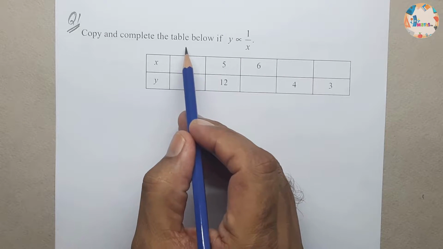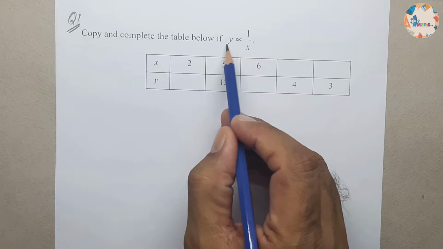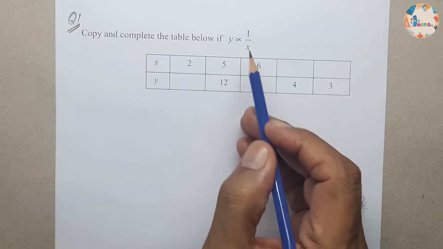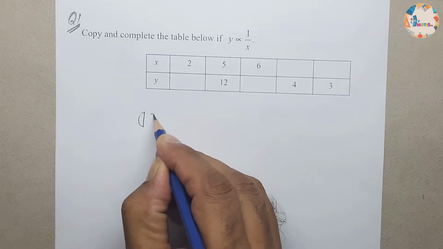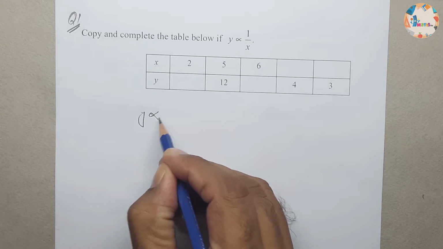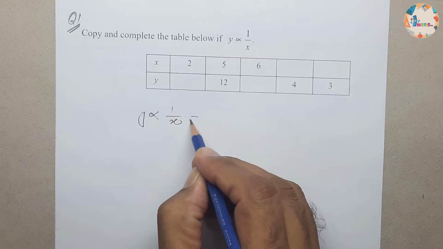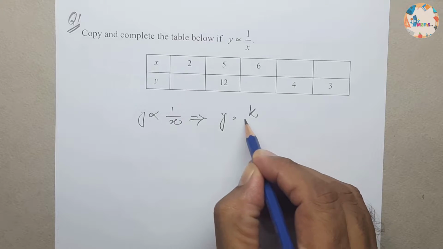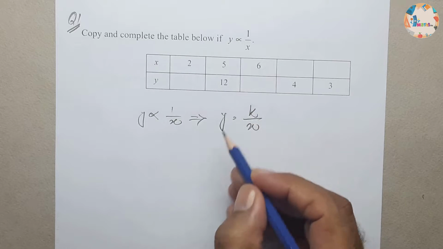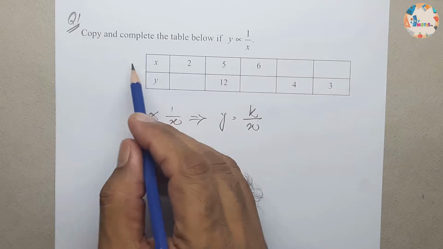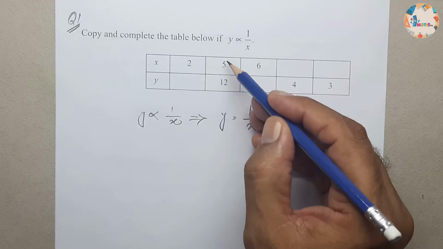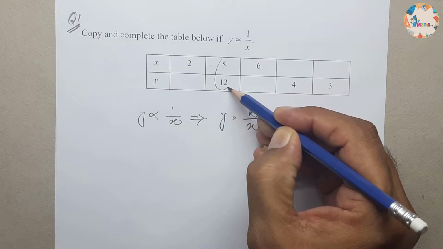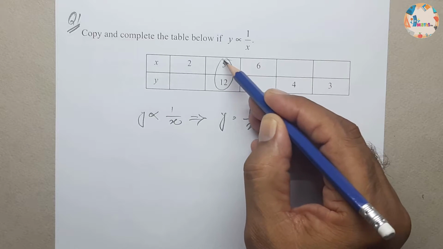Copy and complete the table below if y is proportional to 1 over x. So given y is proportional to 1 over x, which implies y is equal to k over x. In this table, 5 and 12 are the two values given for x and y.